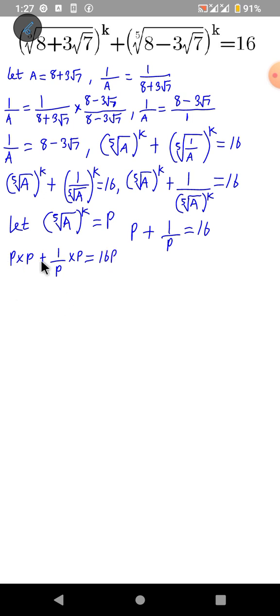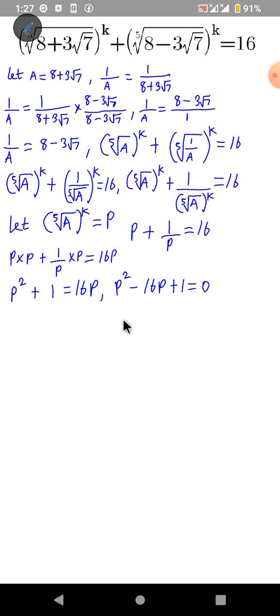We say P times P is what? P square plus 1 over P times P is going to give me 1, all equal to 16P. Then from here now, I can say P square minus 16P plus 1 is equal to 0.